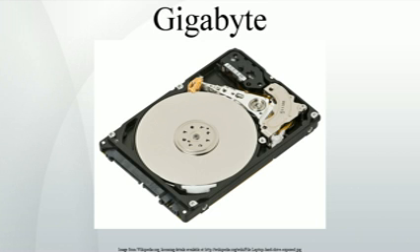Base 10 definition. 1 gigabyte equals 1 billion bytes, equals 1000^3 bytes, equals 10^9 B, is the definition recommended by the International System of Units, SI, and the International Electrotechnical Commission, IEC.